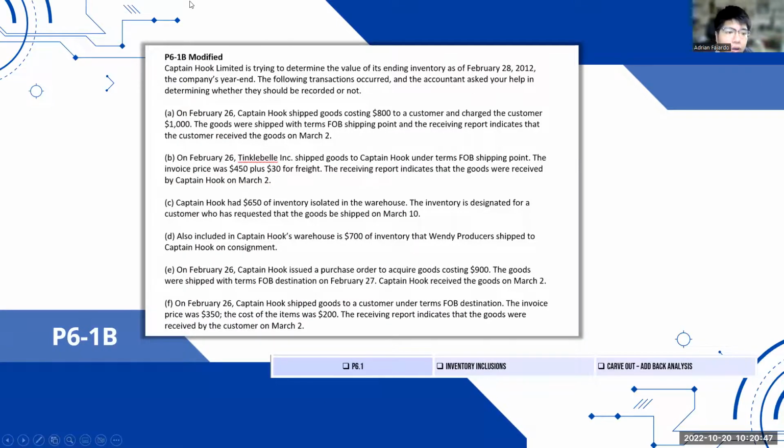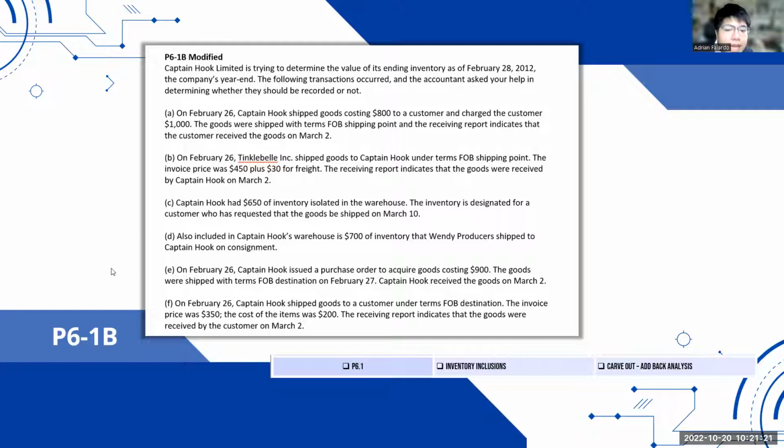So now let's move on to another example. So basically, I showed you parang ano yung framework. For this item, is there anyone who wants to answer 6.1b for inventory inclusions? Kung wala, I will call people. We can go LV.